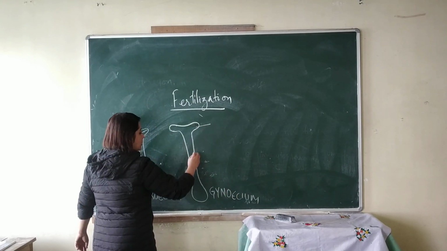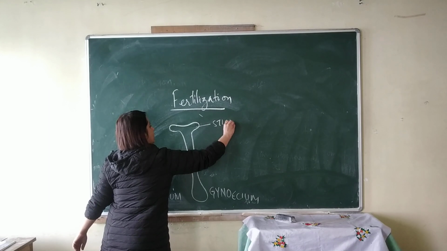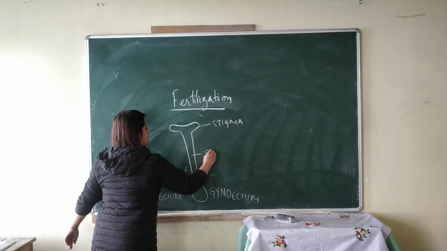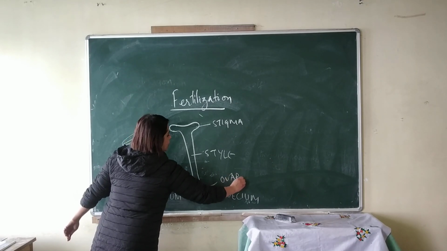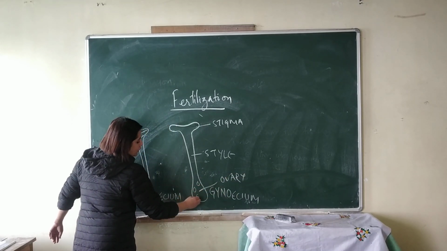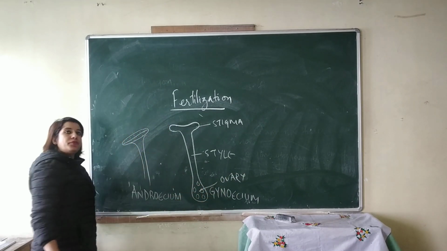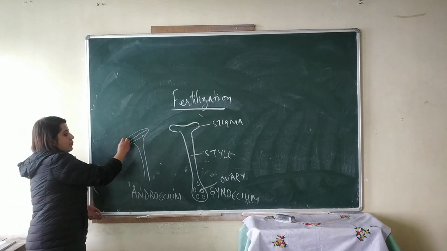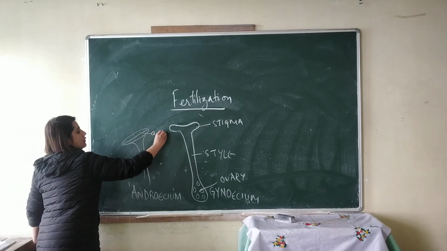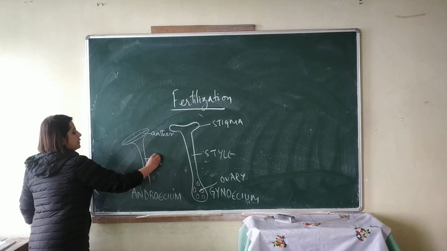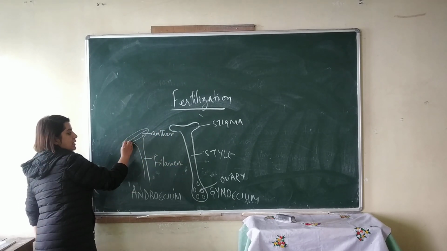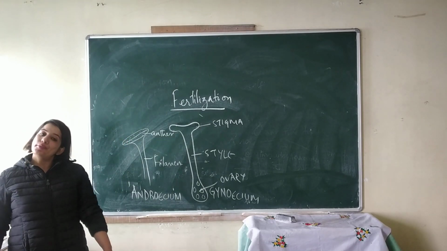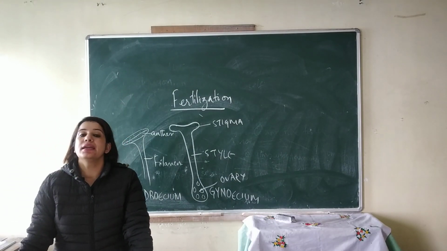This is the stigma, this is the style, and this is the ovary. The ovary contains the ovules, which contain the female gametes, and this is the anther, this is the filament, and the anther contains the pollen grains, and the pollen grains contain the male gamete.